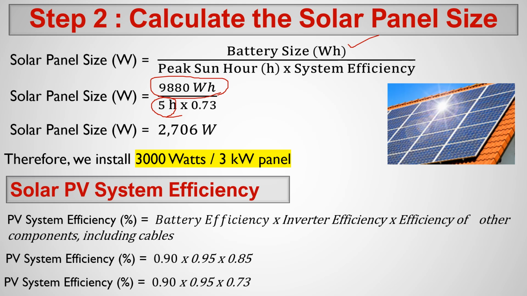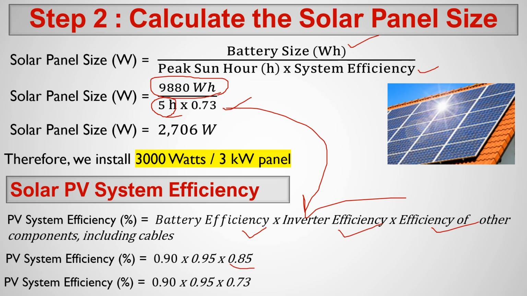Then system efficiency. The solar panel system efficiency we put is 0.73. Why 0.73? The entire PV system efficiency depends on the battery efficiency, inverter efficiency, and efficiency of the components. Because of all these efficiency losses, we have to produce more power from solar panels to cater to these losses. In other words, we lose some energy in the cables.